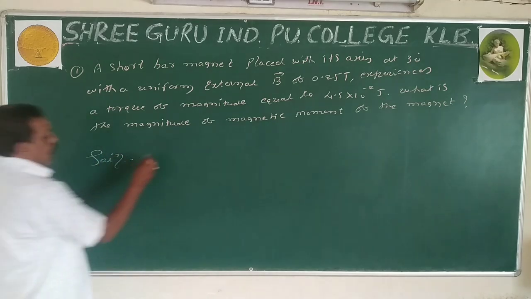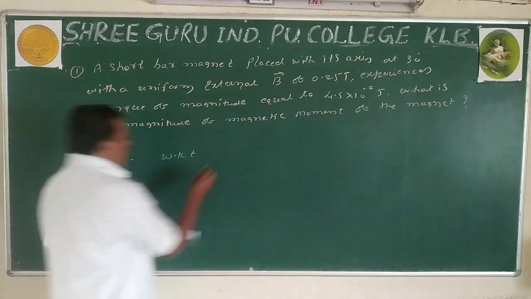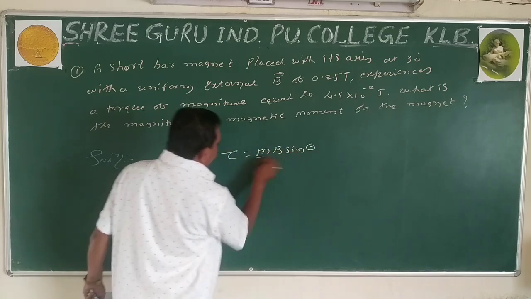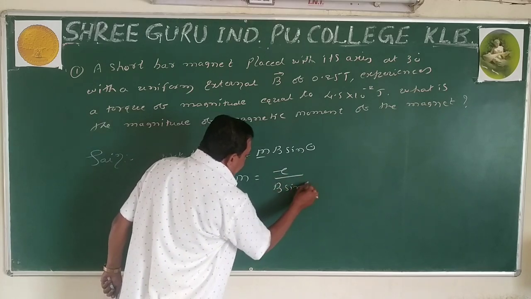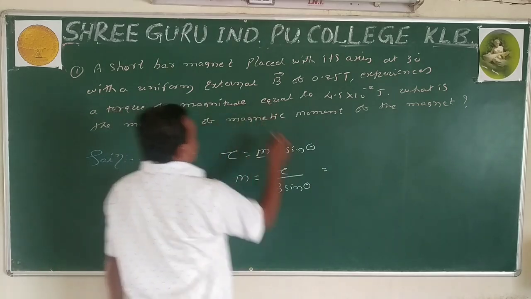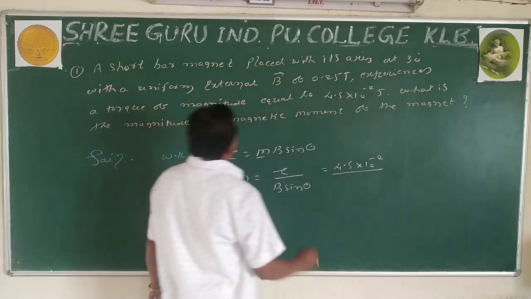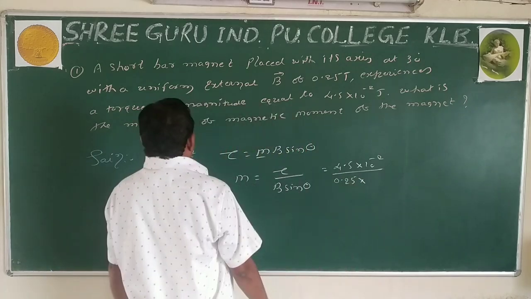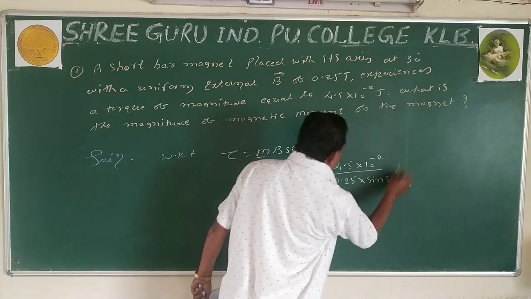We know that torque tau equals mB sin theta. I need the magnetic dipole moment. M equals tau by B sin theta. Substitute the values. What is the torque experienced? 4.5 into 10 to the power of minus 2. What is the magnetic field? 0.25 into sine 30 degree.